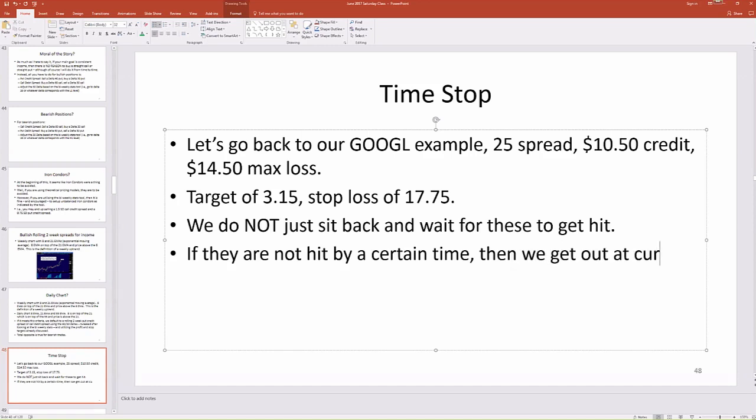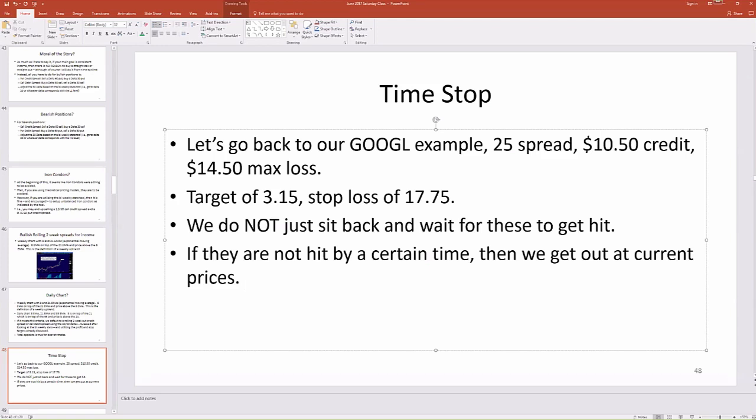So what day or how much time to expiration do you think we're going to look for? Yeah, you can do OCO orders. Generally Wednesday would be the latest. Tuesday close is fine, but Wednesday is the latest.